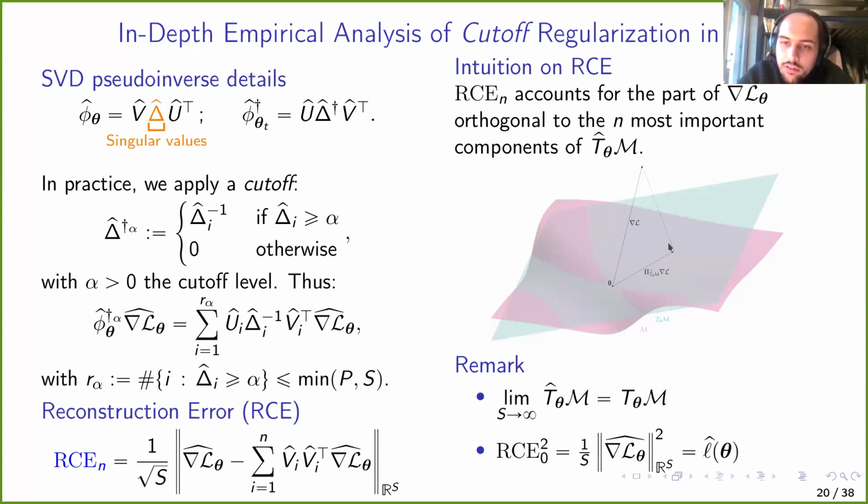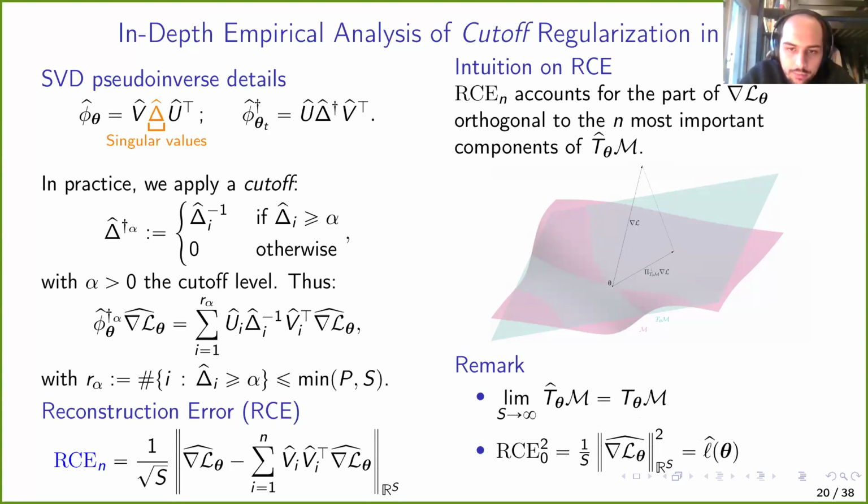In this case, it will be essentially this vector here. The other key intuition is that for rank 0, everything is discarded, so it's just the norm of nabla L, which is the same as the loss.